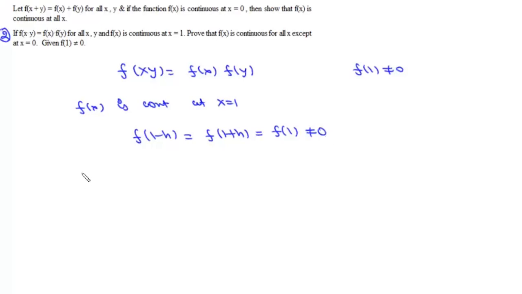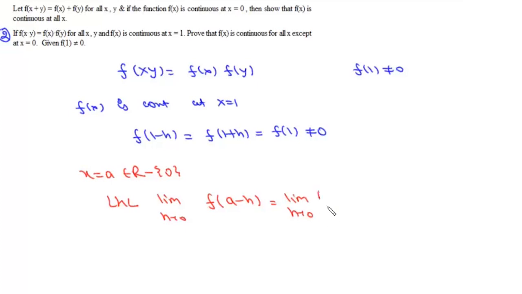Now if we look at any point a which is in R except 0, then we can write the left hand limit as limit h tends to 0 f a minus h. Now we can write this as f, and if we take a common, it will be a into 1 minus h upon a.